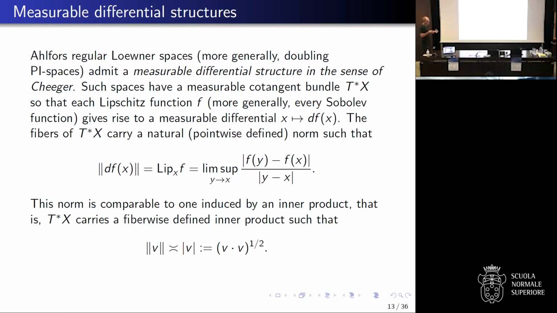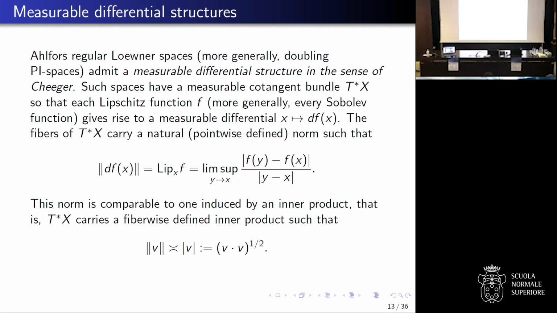One way to think about this is, you take the unit ball on the fiber and replace it with a John ellipse. This gives you a canonical inner product. And since the fiber dimension of this measurable cotangent bundle is uniformly bounded, you get uniform constants here, right?